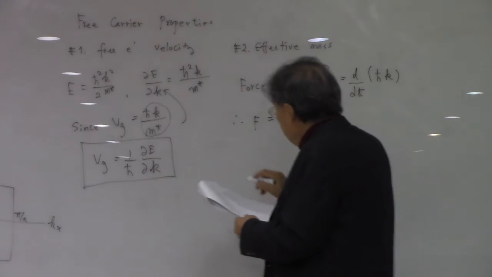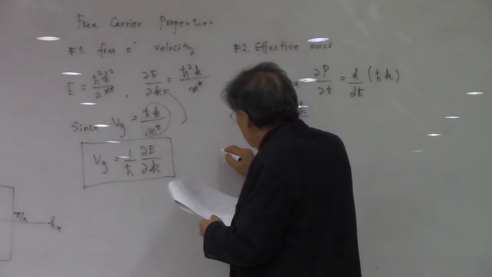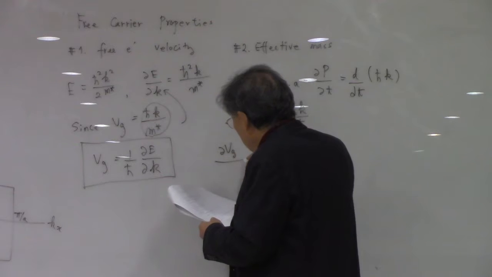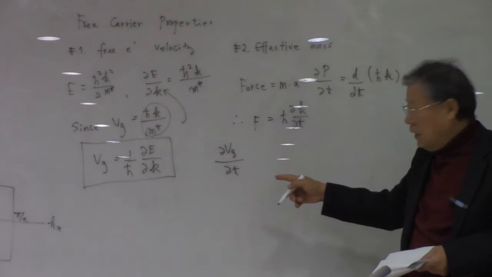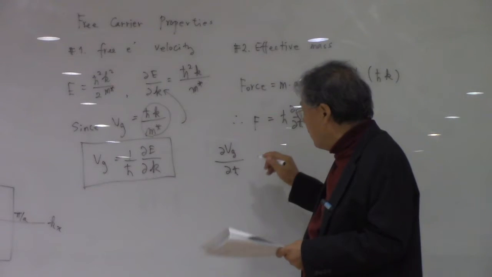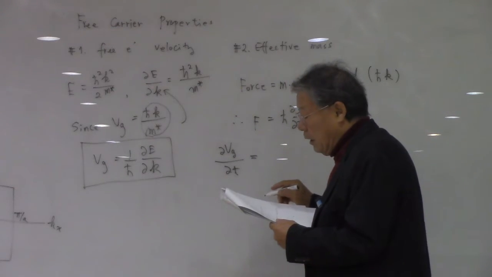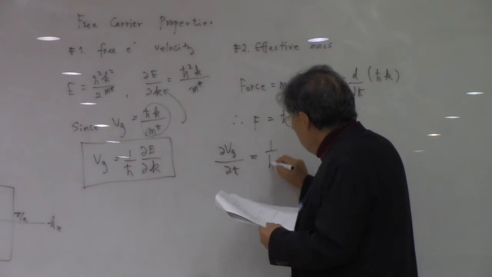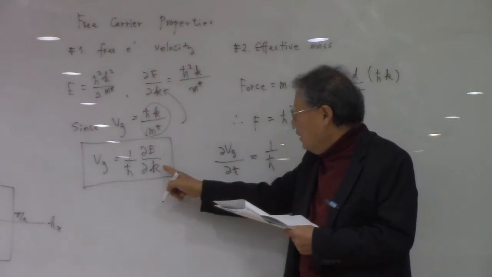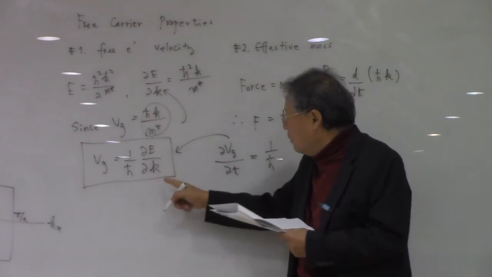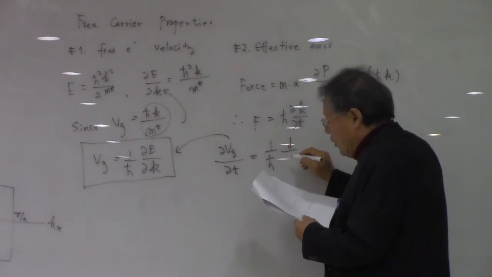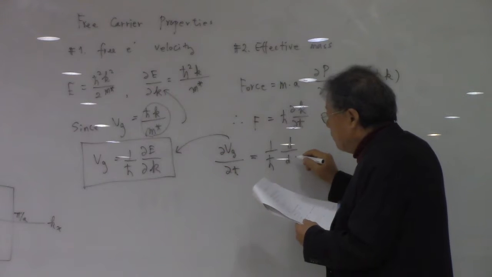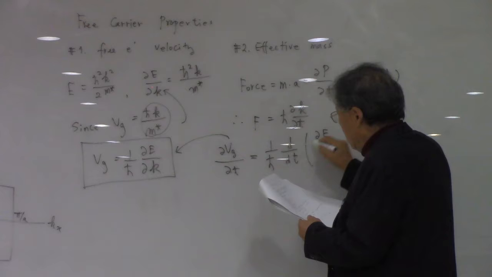All right? And dV over dT is going to be the acceleration, right? That is A. And then we know the VG can be represented with the first derivative of E with respect to K, so that we just put that into here.